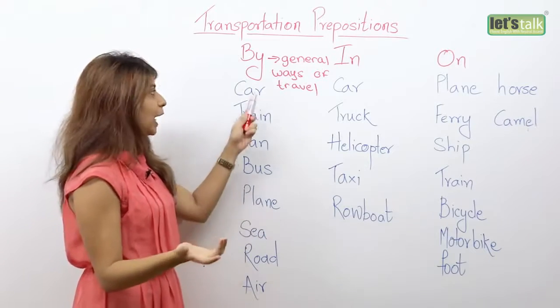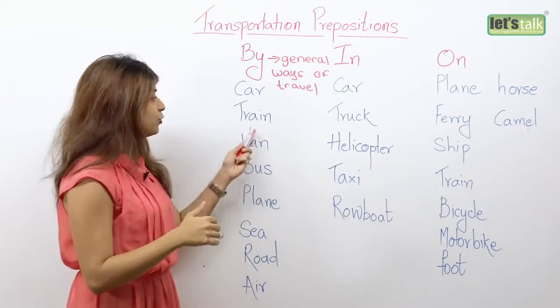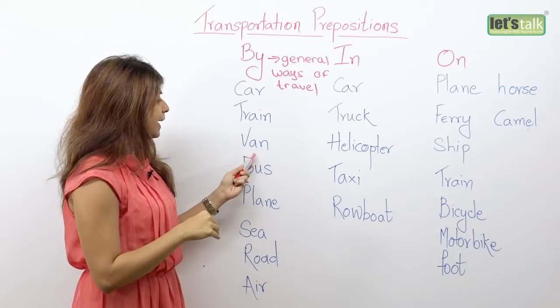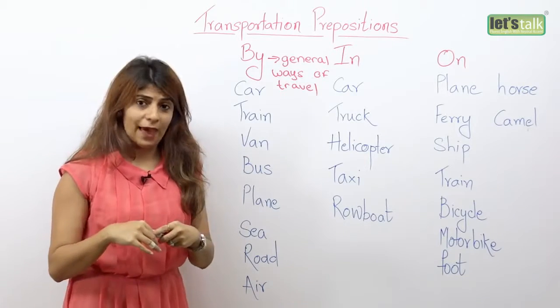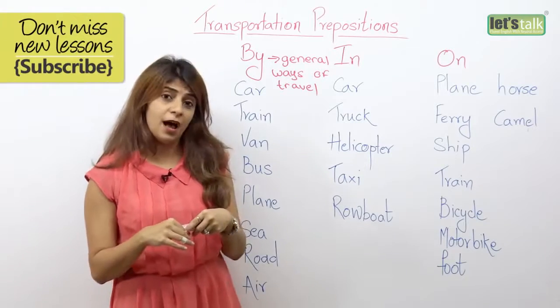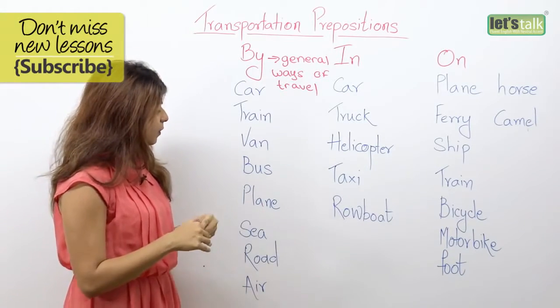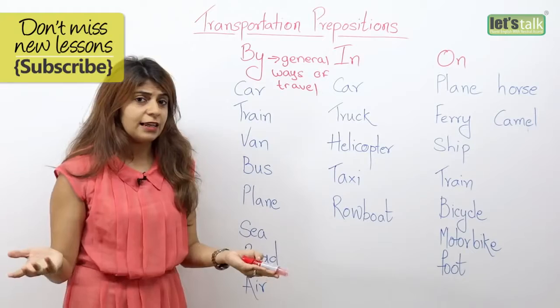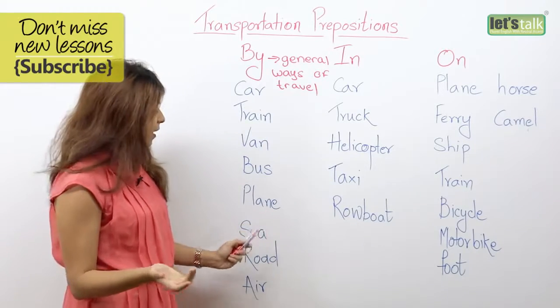Well, I travel by car. I travel by train. My son travels by van to the school. My son travels by bus. Well, when he goes to Delhi, he goes by plane.